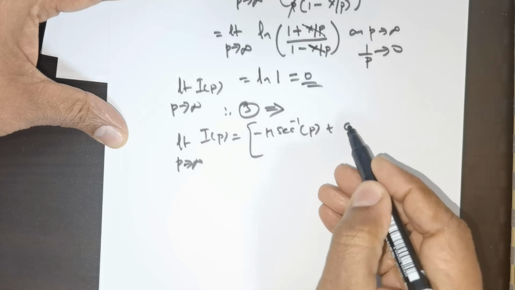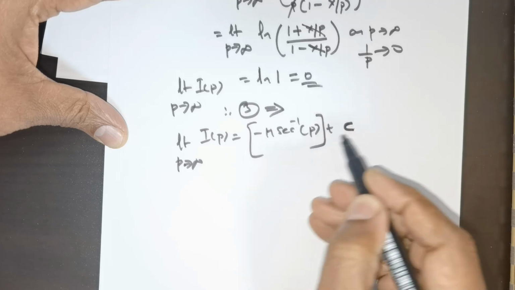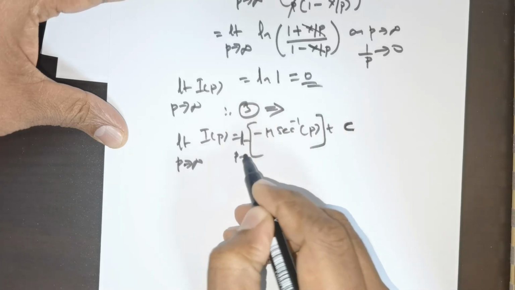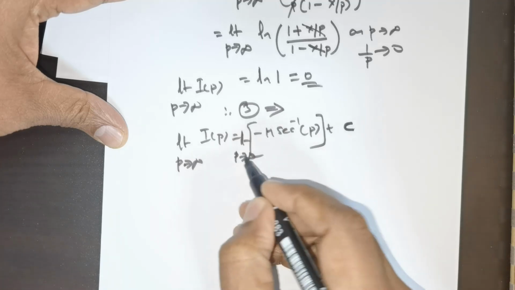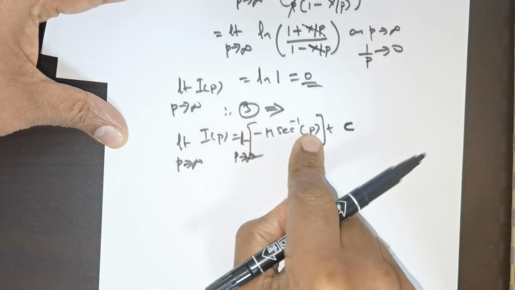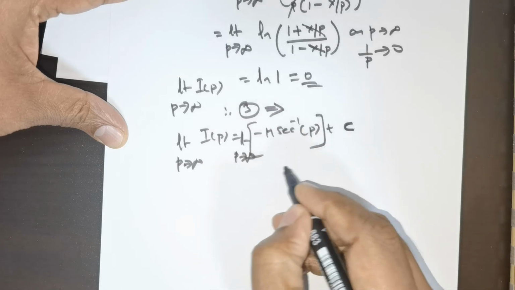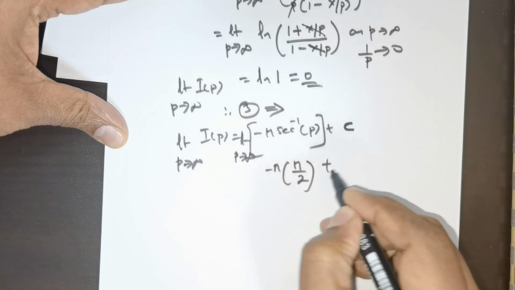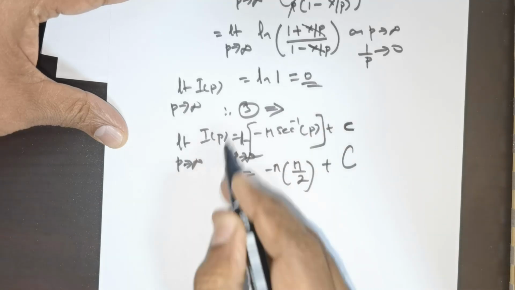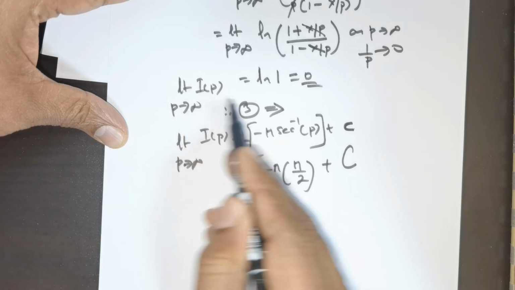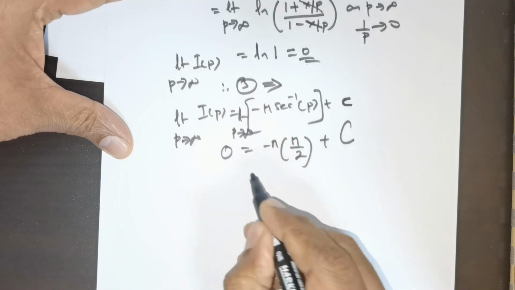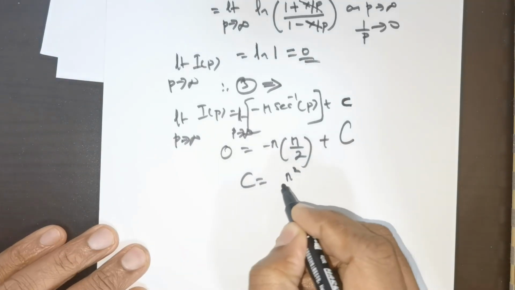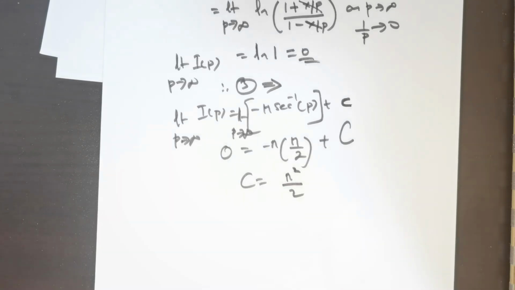This c is constant, so it won't have any impact, because we are only allowing p to tend towards infinity. Secant inverse of infinity is going to give you pi over 2. You got a pi there with a negative sign, and the c will be as it is. On the left side, limit p tending to infinity of I of p is 0. So this is equal to 0. Therefore c is equal to, moving this to the other side, pi squared over 2. So this is the value for c.